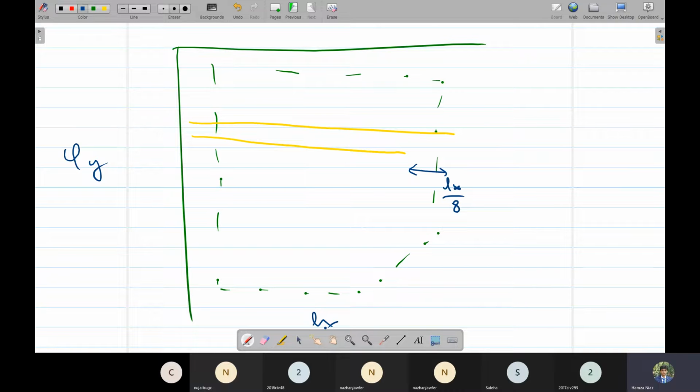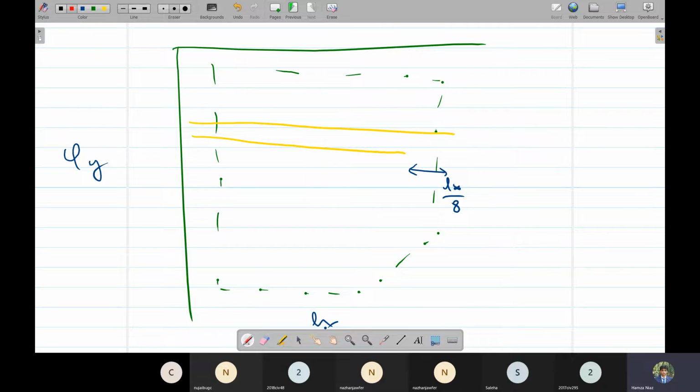Curtailment length would be parallel to the distance, so we'll curtail it according to the total length of the slab in that direction. This would be our main steel. That one bar we would provide fully, and the second bar we would curtail at some distance.